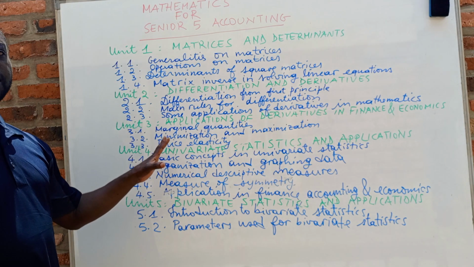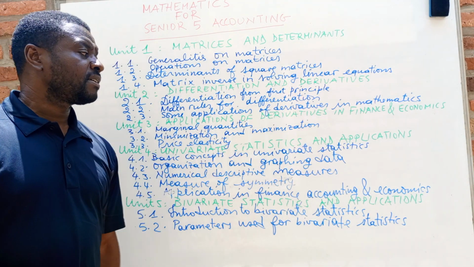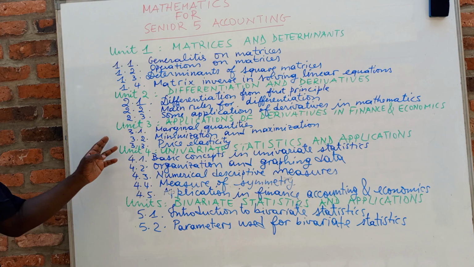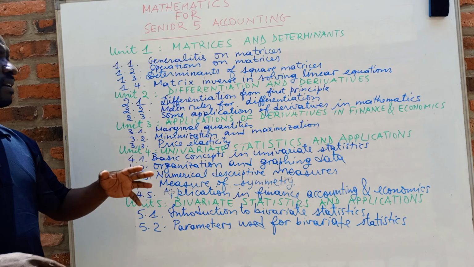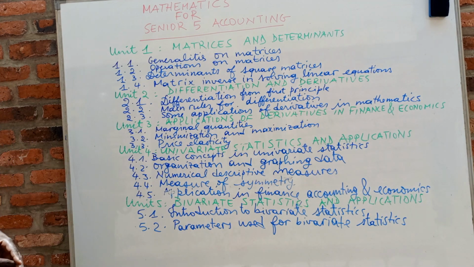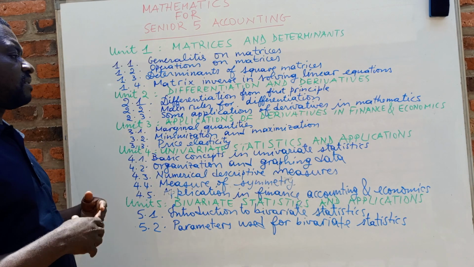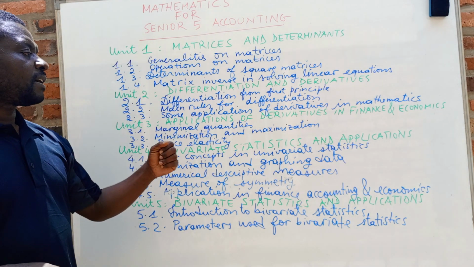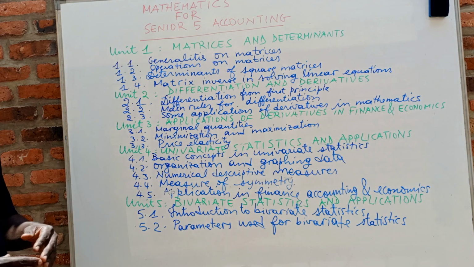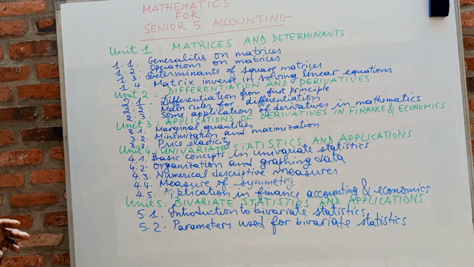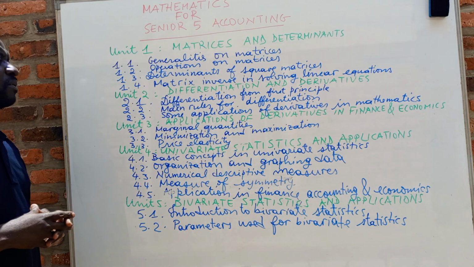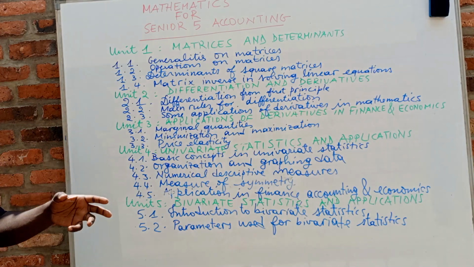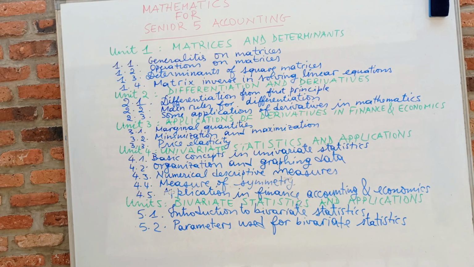Now, subunit number 2 will be about minimization and maximization. Here we will see that under certain conditions we can use the first derivative to find the maximum and minimum of a function, which are called critical points or stationary points.